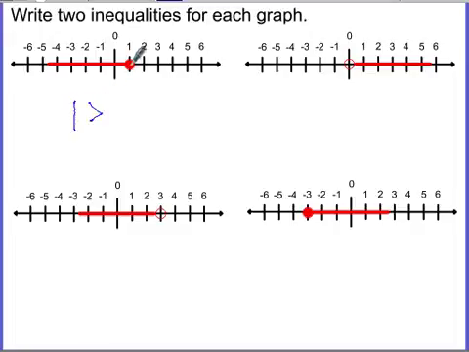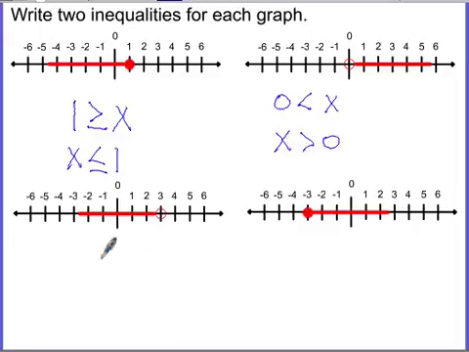One is less than x. One is greater than, this one's filled in, so 1 is greater than or equal to x, and then x is less than or equal to 1. Okay, this one is not filled in. 0 is less than x. x is greater than 0. I like it.